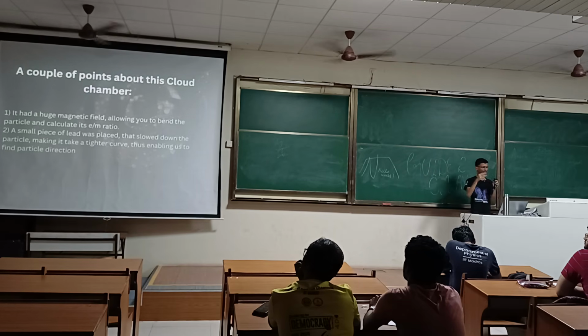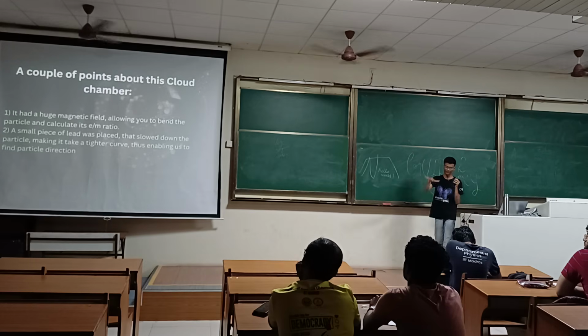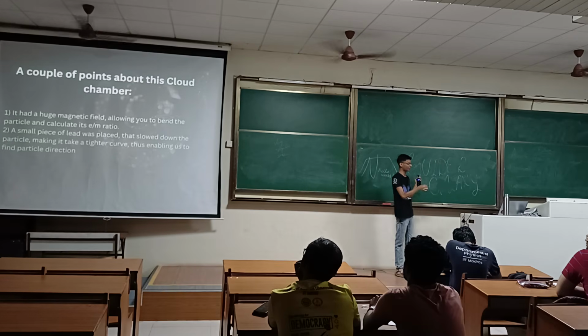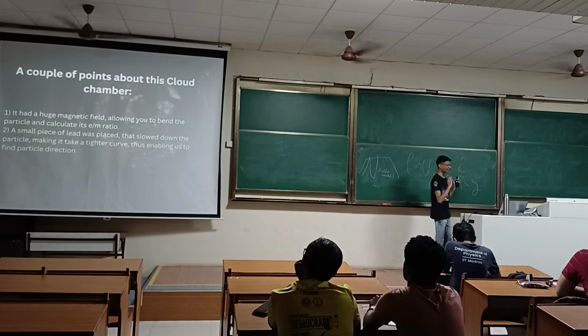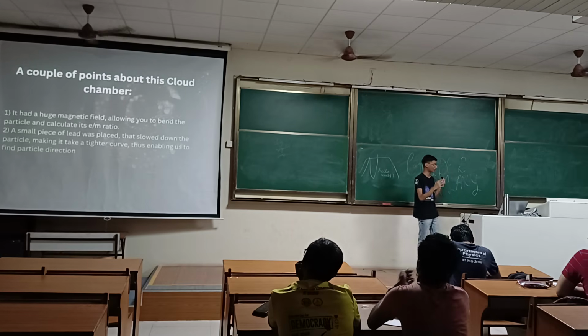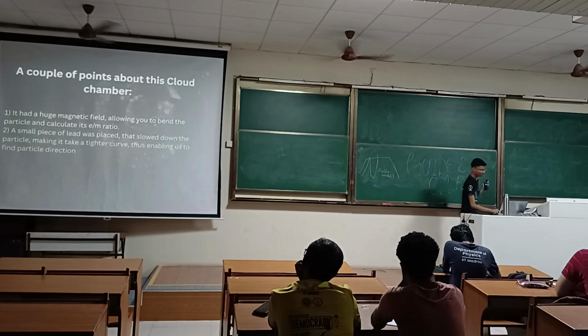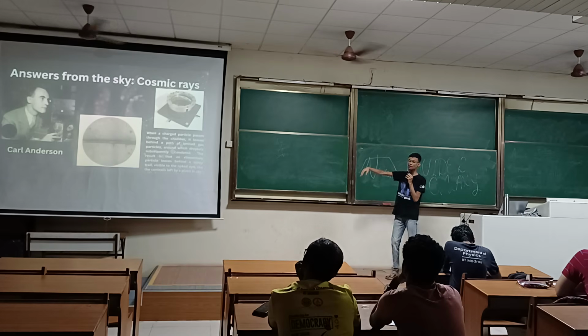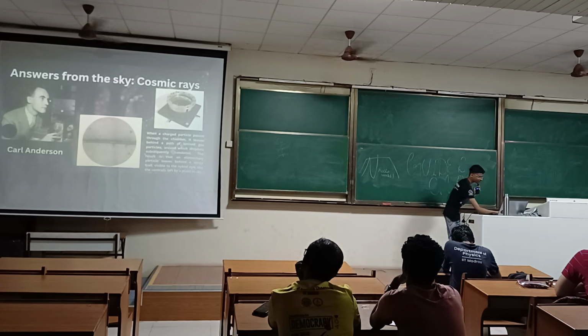The second thing is that the chamber had a lead covering placed, so that the particles entering it lose some energy going through the lead, which makes these curves tighter, so that you can very easily figure out the e by m ratio with more accuracy. So this was the trail that he observed. You can see there is a little bit of a curve here that you can observe.